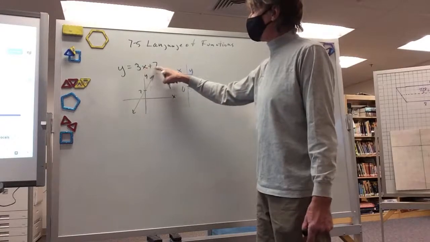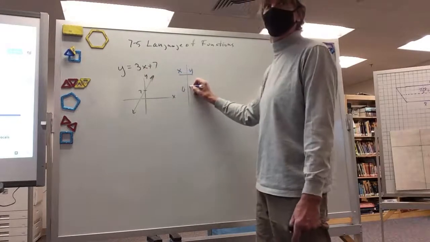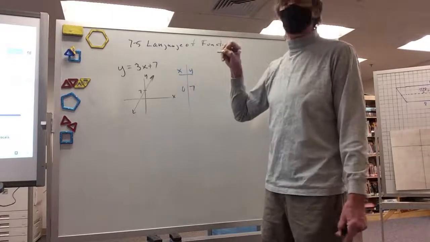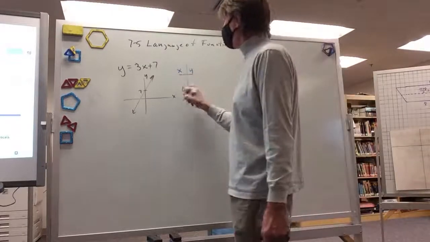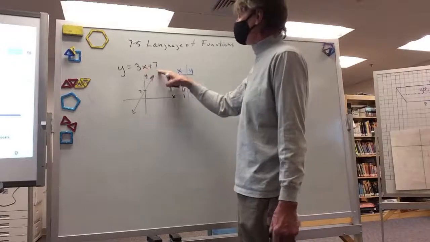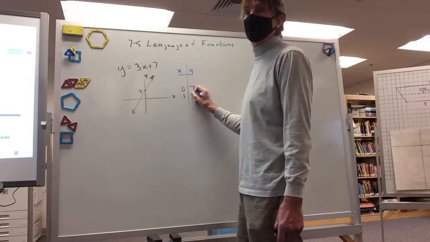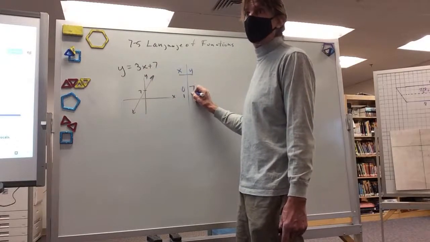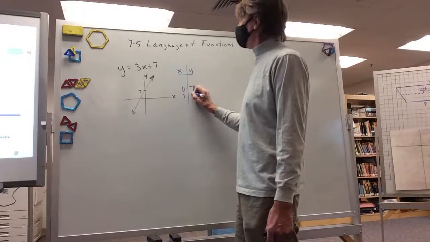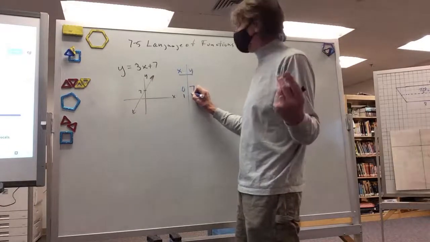Three times 0 plus 7 equals 7. 3 times 0 is 0 plus 7. What if I put 1 in here? 3 times 1 plus 7 equals? 3 times 1 is 3, plus 7 is 10.